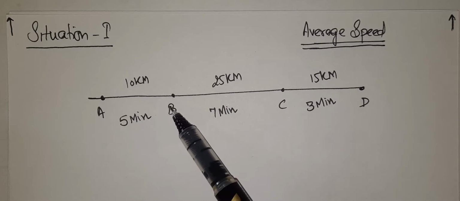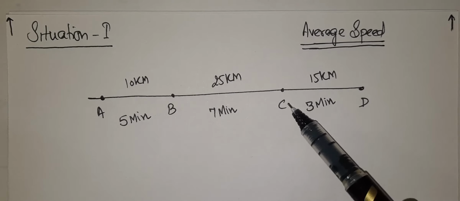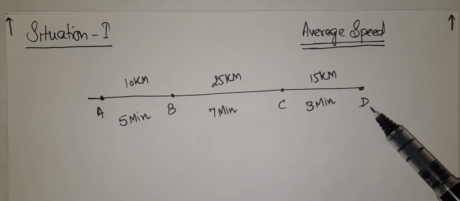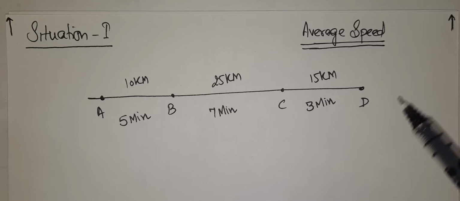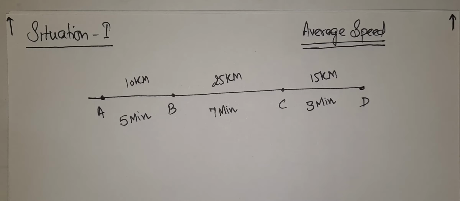From here to here the speed is uniform, here the speed is uniform, and from here to here the speed is uniform. But if we think of the complete motion, the motion is non-uniform, the speed is non-uniform. So in this situation, how will the average speed be calculated?